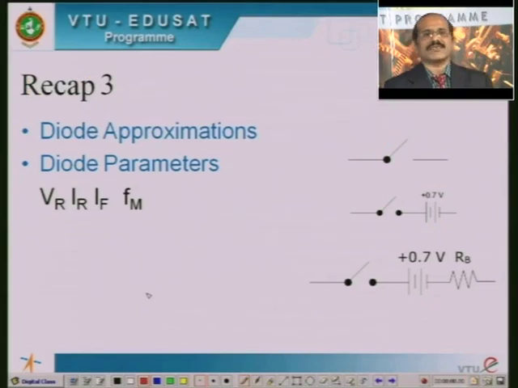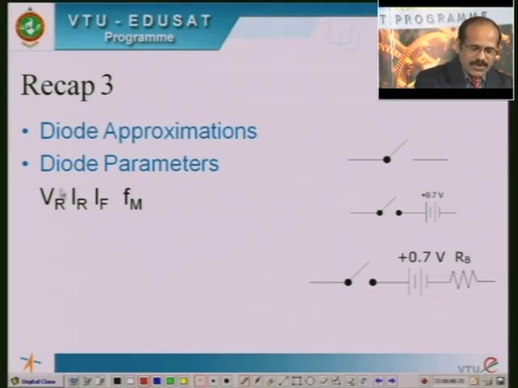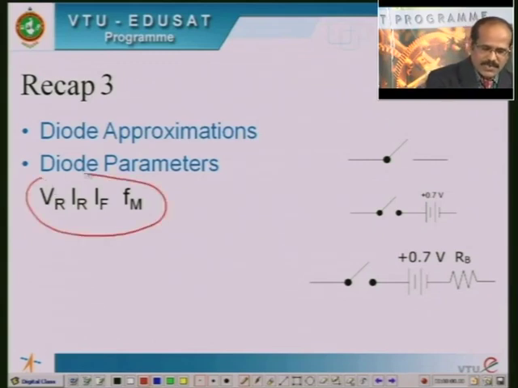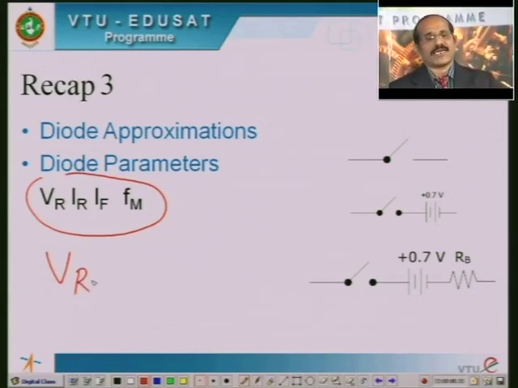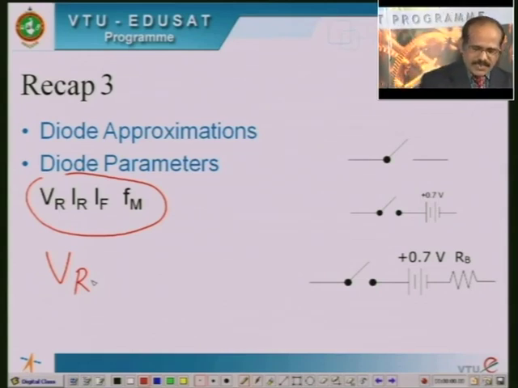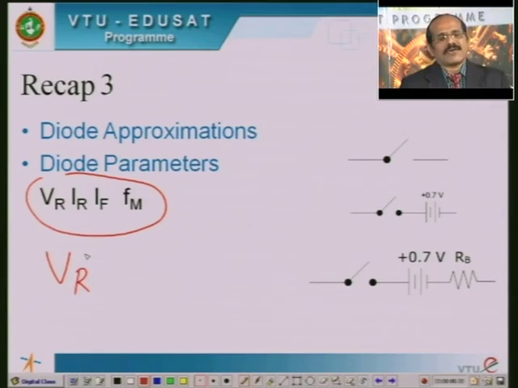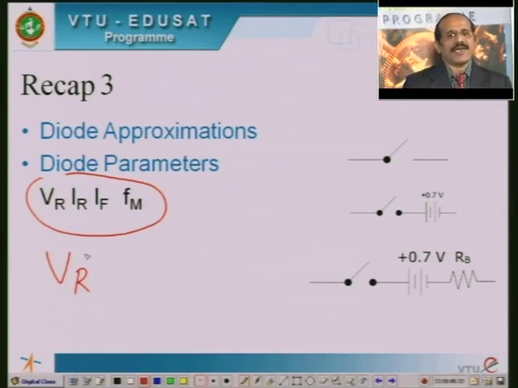And also we discussed some of the diode parameters. We have discussed 4 parameters. One is VR, defined as the maximum value of the reverse voltage that can be applied to the diode. If the reverse voltage exceeds this VR value, the diode will get damaged.